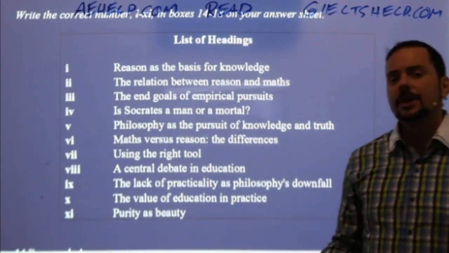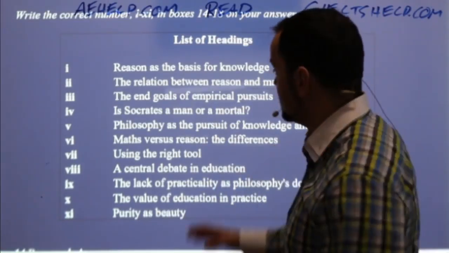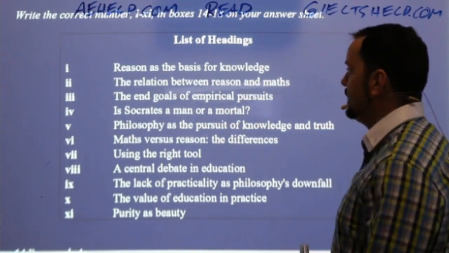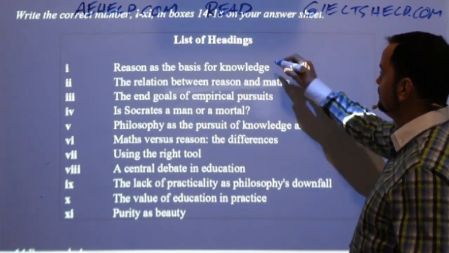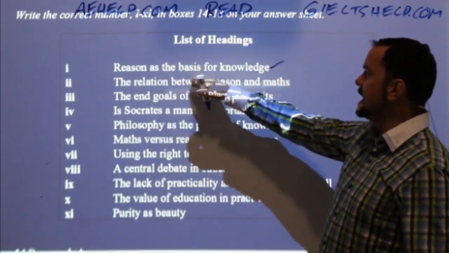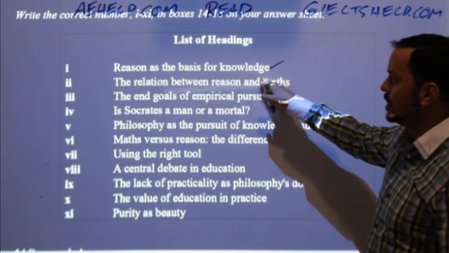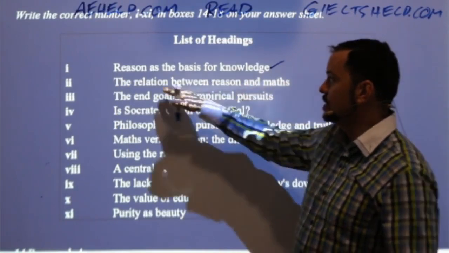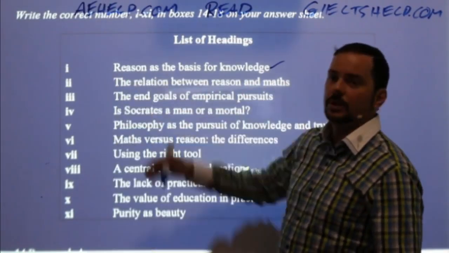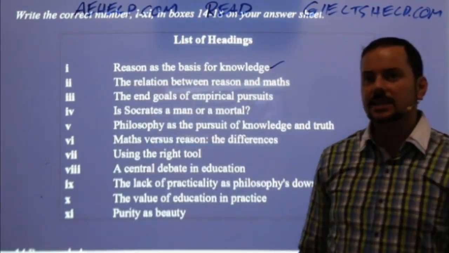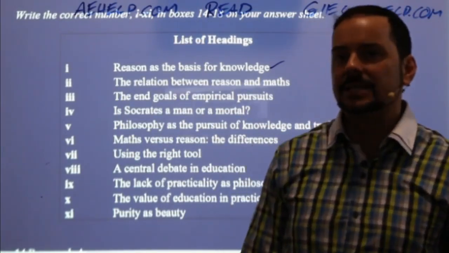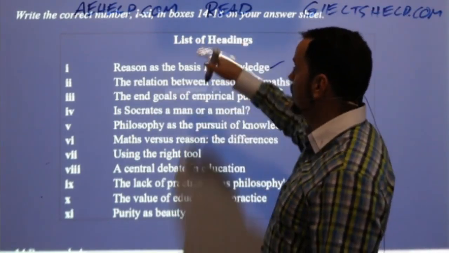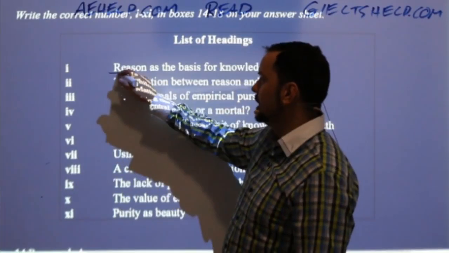Now, when you're practicing at home, these list of headings questions, you should paraphrase them, okay? So reasons as the basis for knowledge. What's another way to say reason as the basis for knowledge? What do you think is a synonym for the word reason? And again, this is reading class, so make sure you're reading, students.